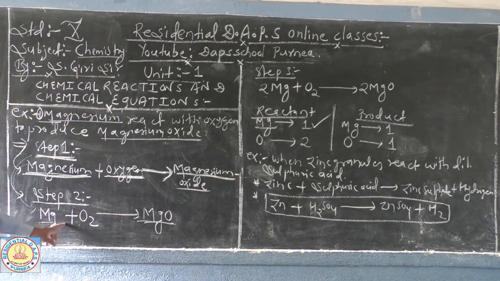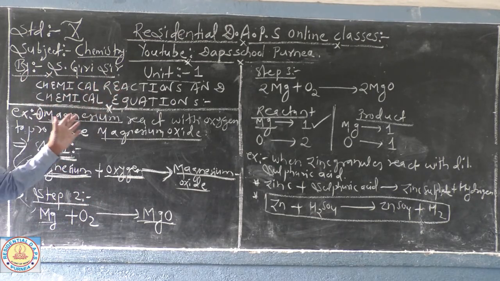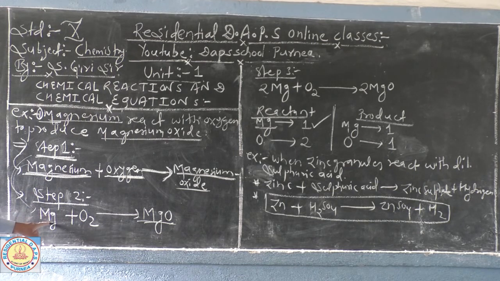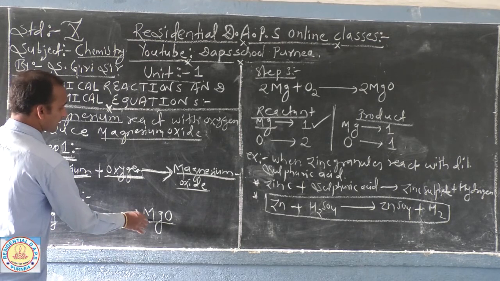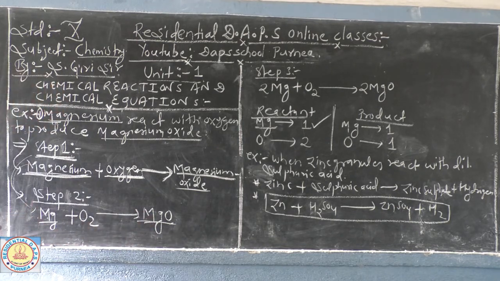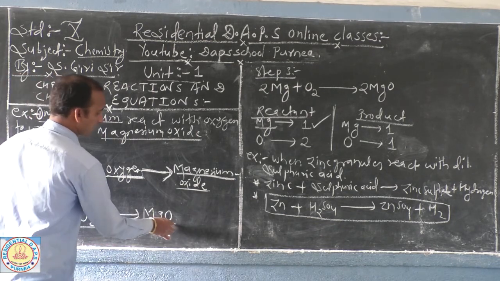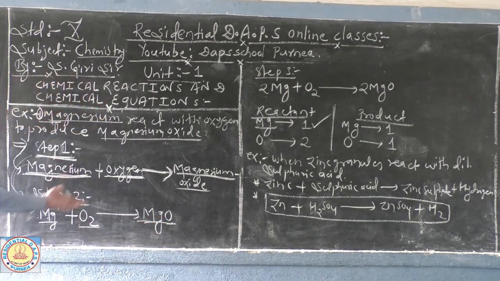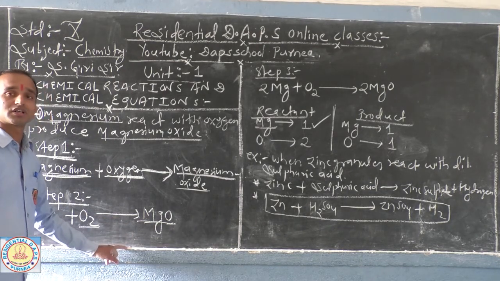Now dear students, in the last step you have to balance the atoms of each element involved in that reaction. The number of magnesium atoms on the reactant side is 1 and on the product side is 1, so magnesium is balanced. But see the oxygen atoms, here are 2 oxygen atoms but here only 1. If we don't balance the equation, then our equation is considered wrong.